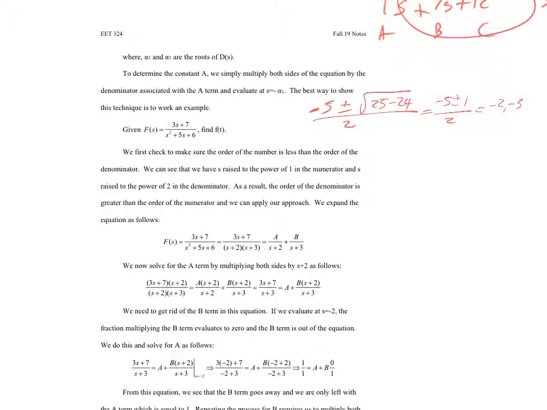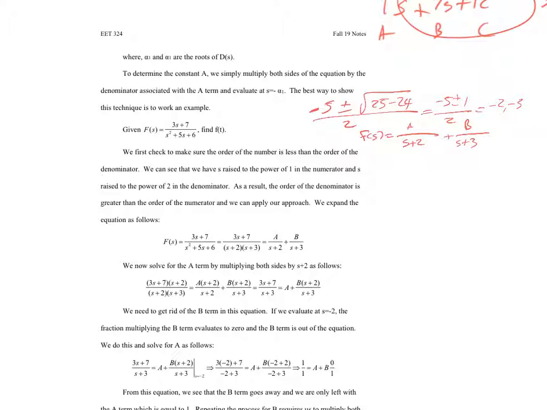Okay. So now I'm going to set up my f of s to be equal to s plus 2, s plus 3. So I'm taking the negative of the roots there. This is a over s plus 2 and b over s plus 3.